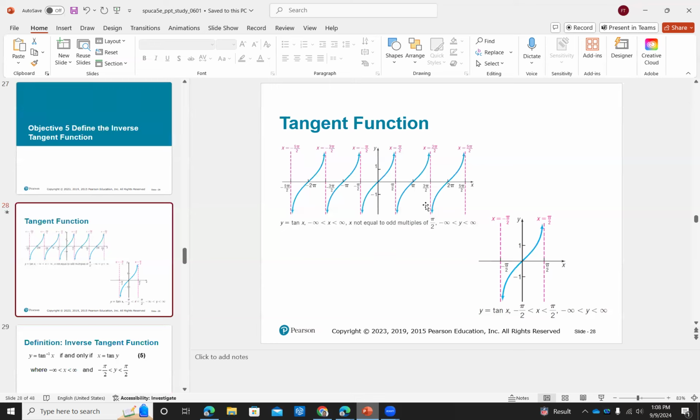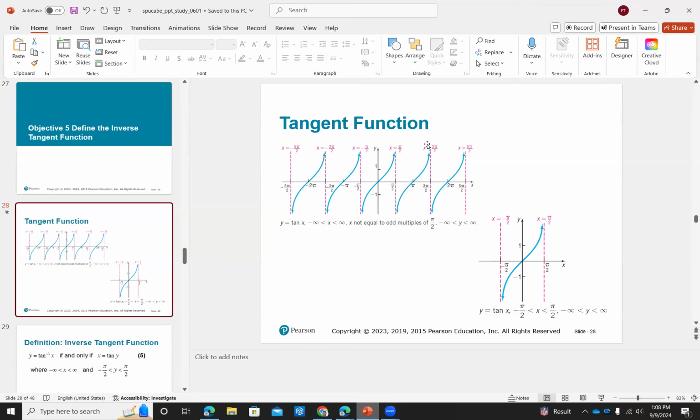So this is what the tangent function looks like in a lot of different periods, right? For the tangent function, the domain is still from negative infinity to positive infinity, but you have to exclude the angles that are odd multiples of pi over 2, because tangent 90 doesn't exist.